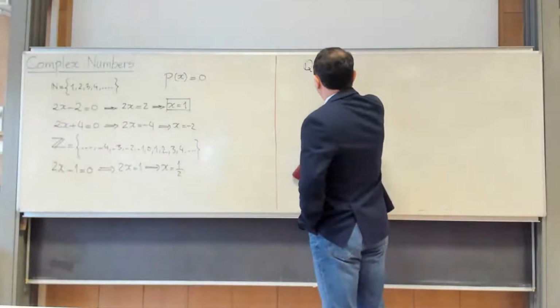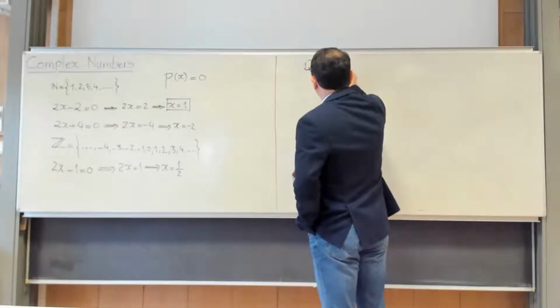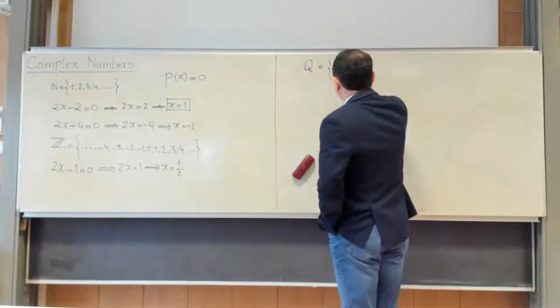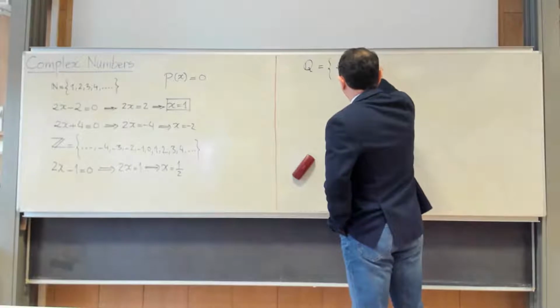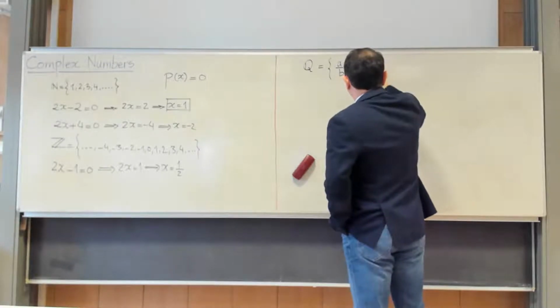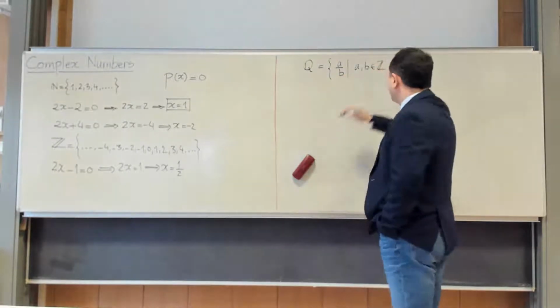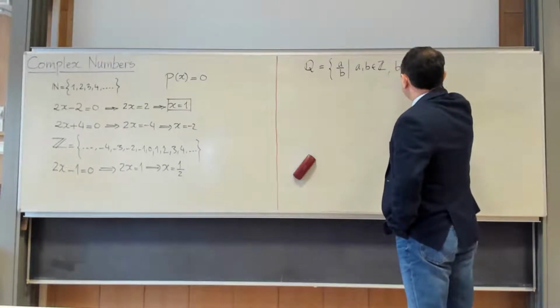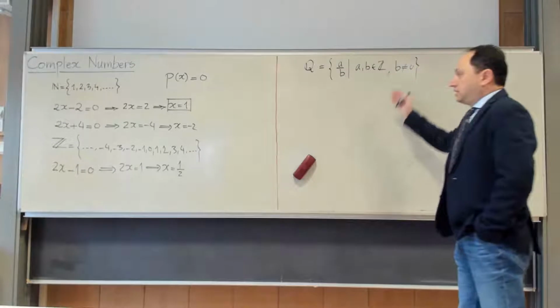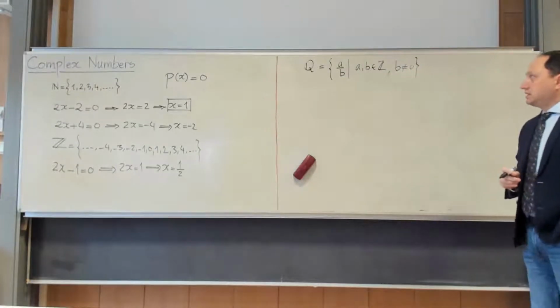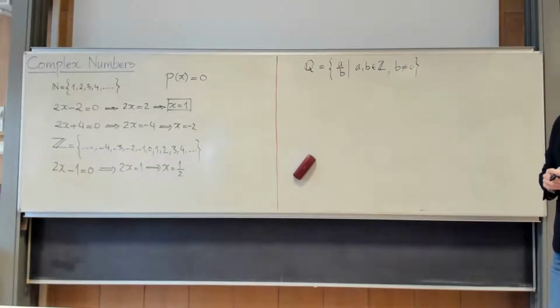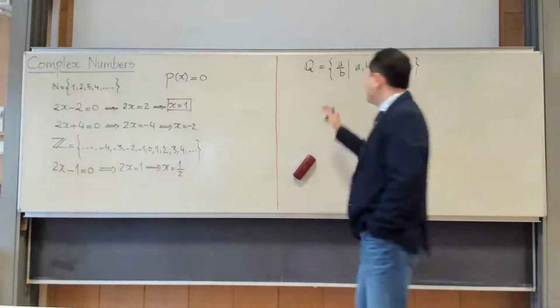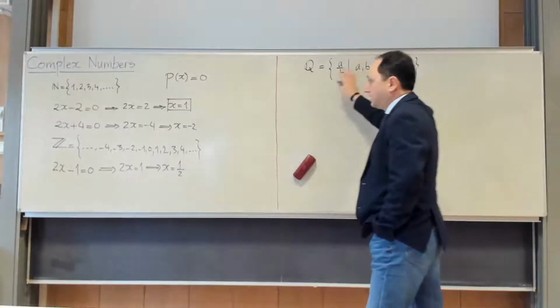And then it's better to define them. They are defined to be all possible fractions so that the numerator and the denominator are coming from the set of integers, but of course, b shouldn't be equal to 0. Yes? So then, this set is actually enough for solving this equation. So this is the biggest set that we have so far.